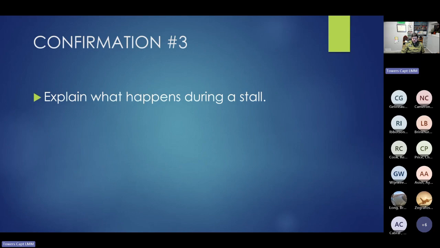Confirmation question number 3. Can anyone tell me what happens during a stall to the airflow on the wing and the center of pressure?